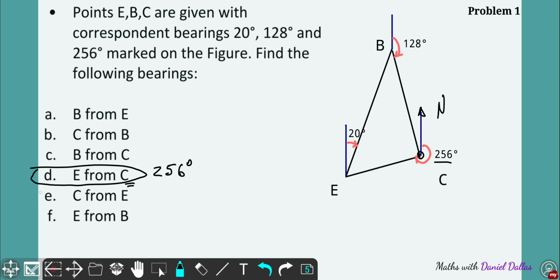So this is the question E, C from E. All right. So we need to find variance C of the point C as the final point or destination point from the point E. So that's why we stay in point E and we set up north direction right there. Okay.